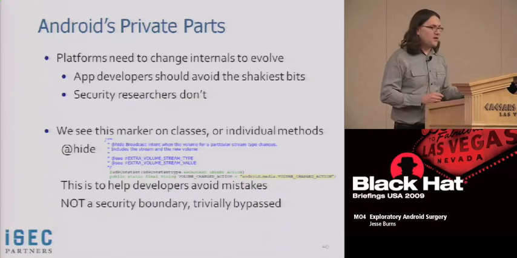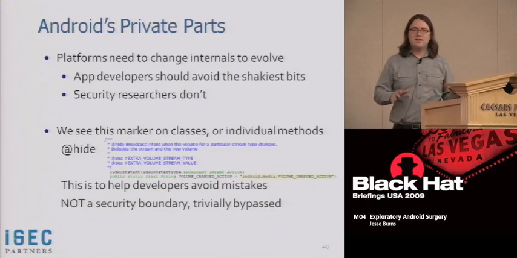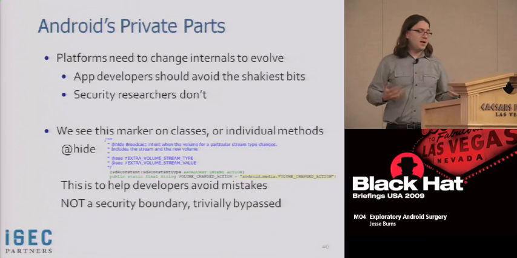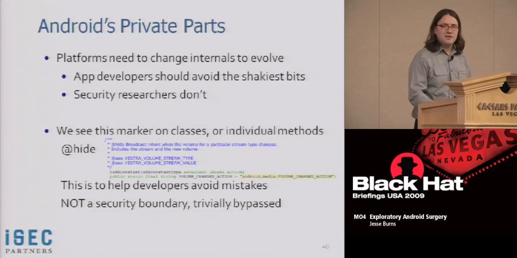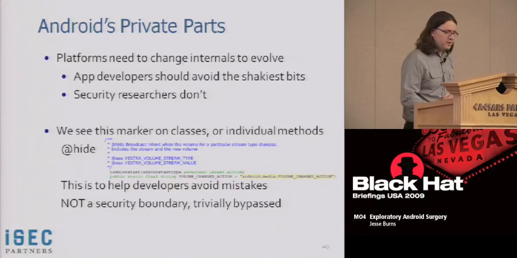In Donut, they're adding a bunch of internationalization support. You don't want to end up using something that they know they're going to have to change. So obviously, when we're security researchers, we need to bypass that, and it doesn't make any attempt to stop us from doing that. So you might just have to change your path around a little bit in order to compile the stuff that you want to compile, or use some reflection if you want to keep the code easy for other people to use.